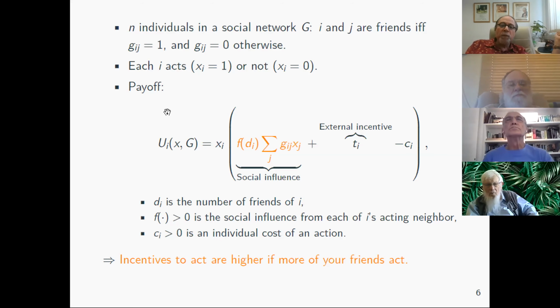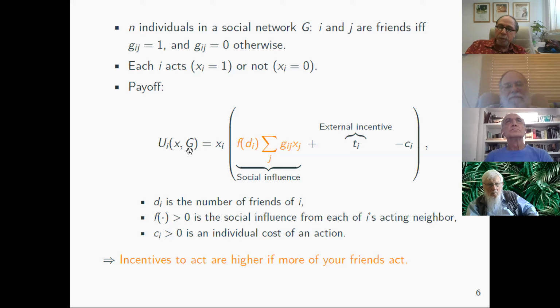And now I specify the utility function for each player, depending on the vector of decisions, 0 or 1, of the agents, and on the graph. And again, the graph is relevant because the more of your friends do the action, the more you want to do it as well. So now let me explain this utility function.